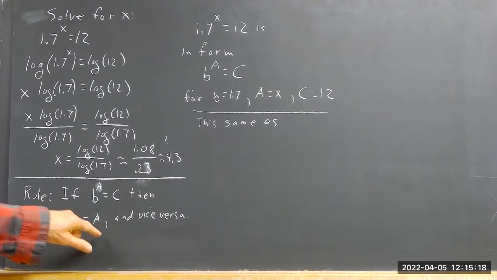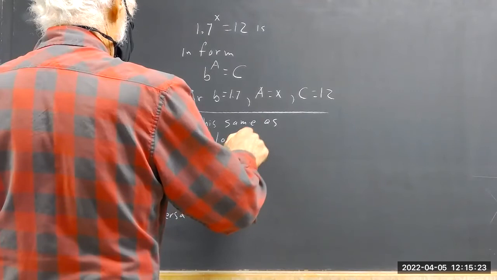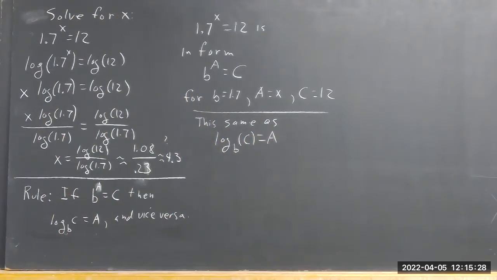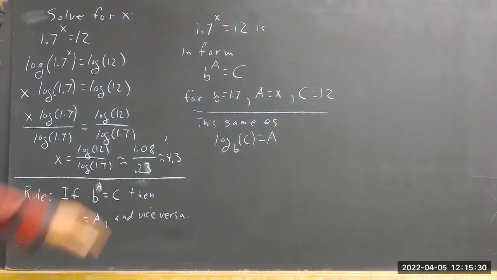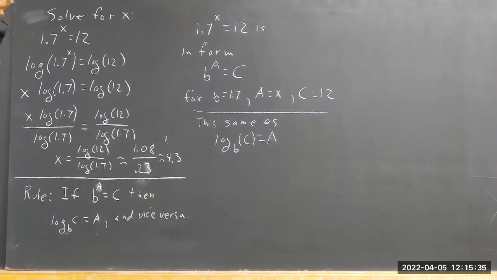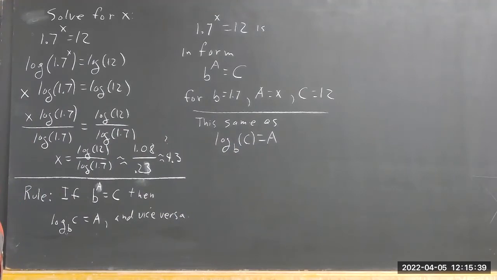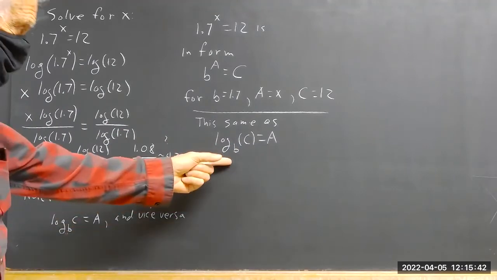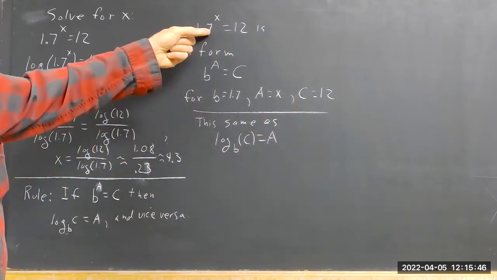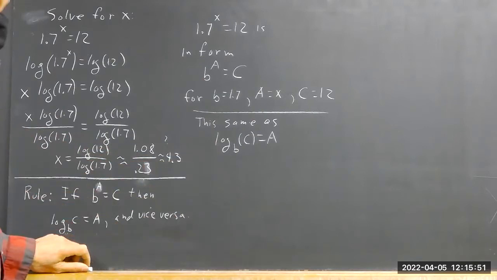Log base b of c equals a, right? Because this form is the same as this form. Now, substitute b, c, and a that we found in this form here, and see where that leads you.